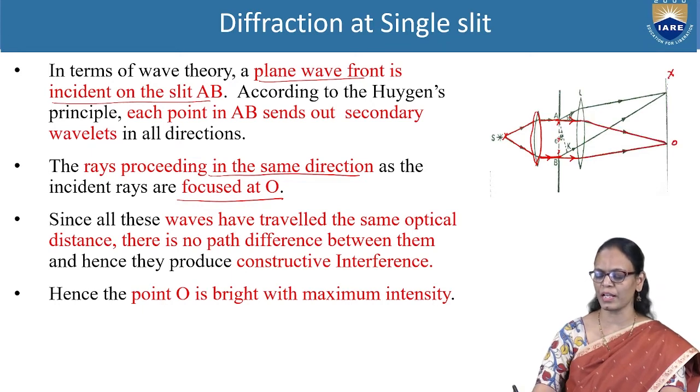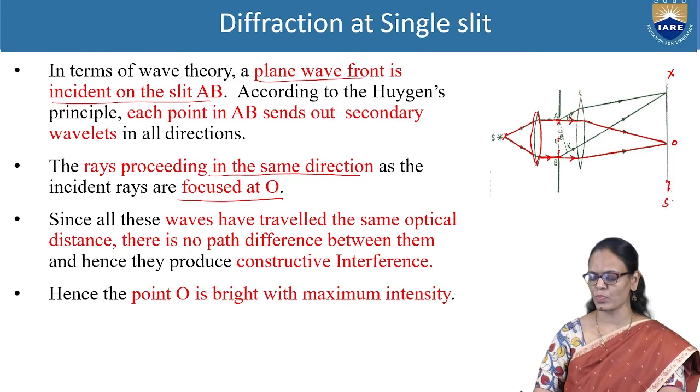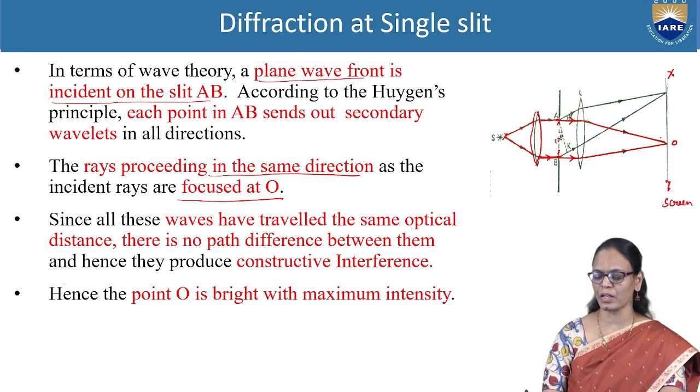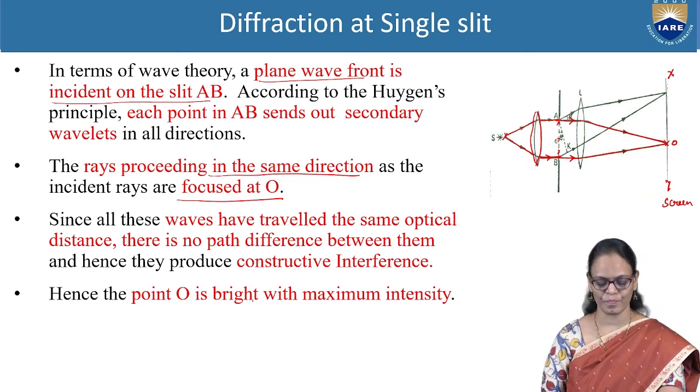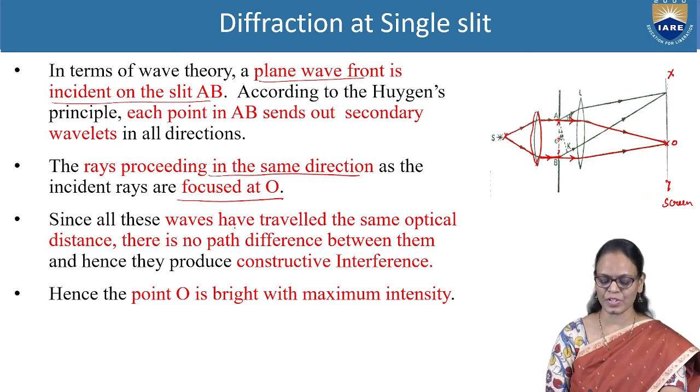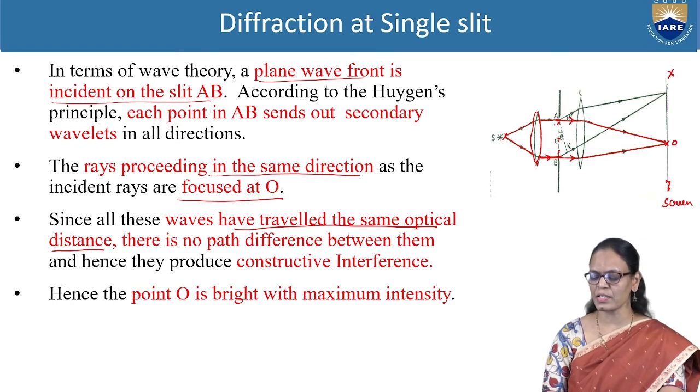So this is the screen XY. The rays traveling in the same direction are coming to a point O. Now since they have traveled the same distance, the distance traveled by the ray starting from A and the ray starting from B, the path lengths are the same.